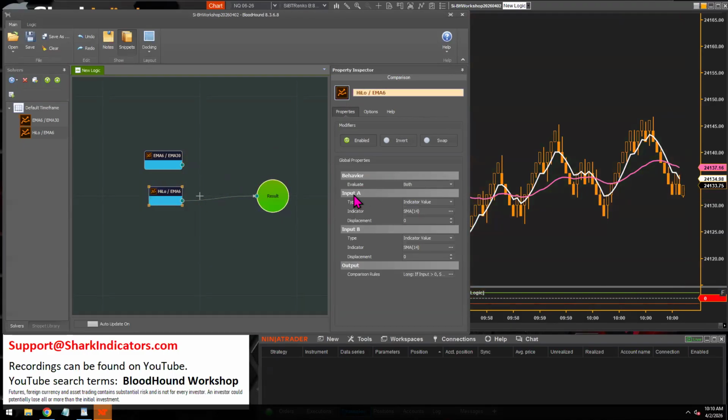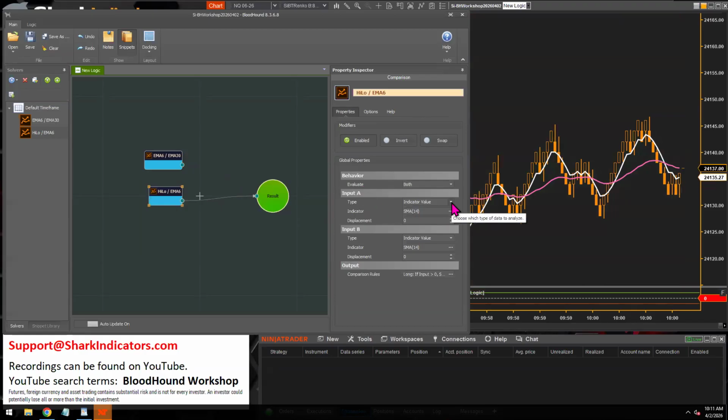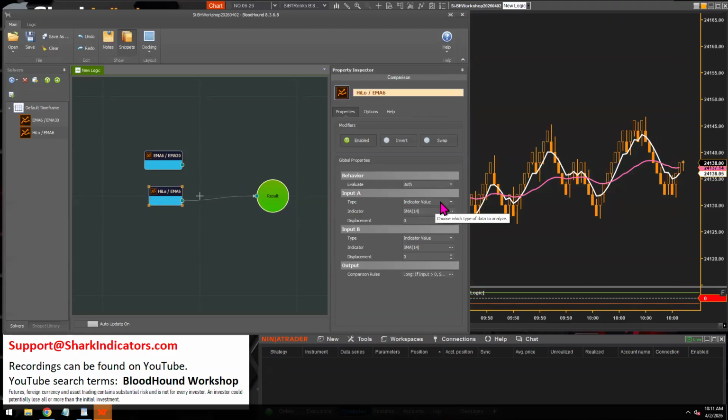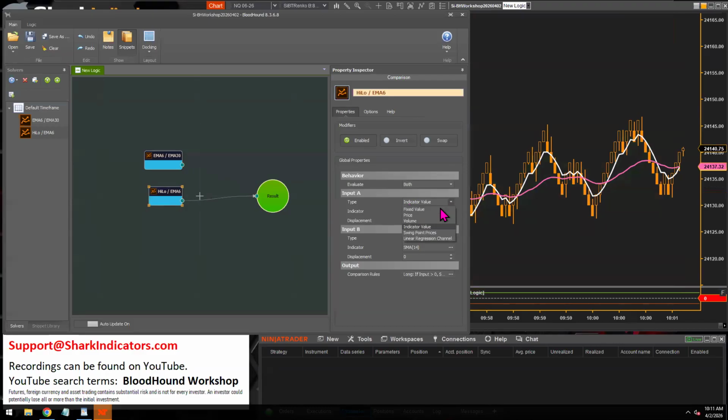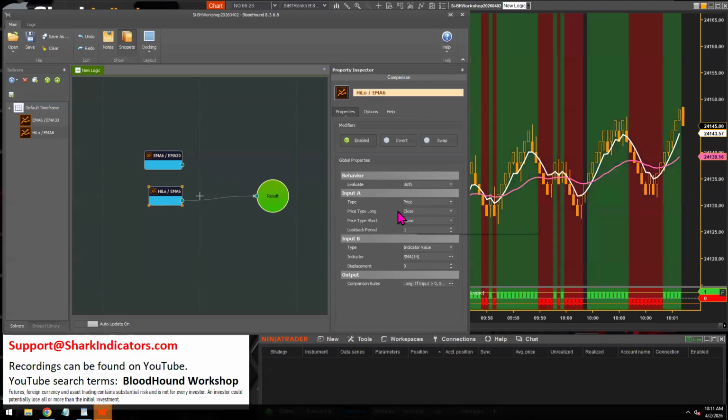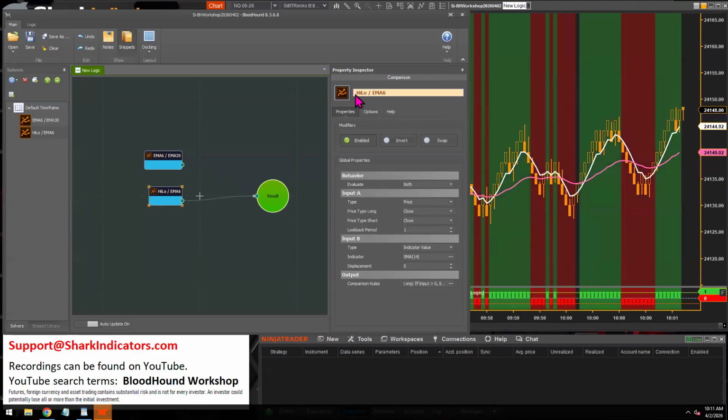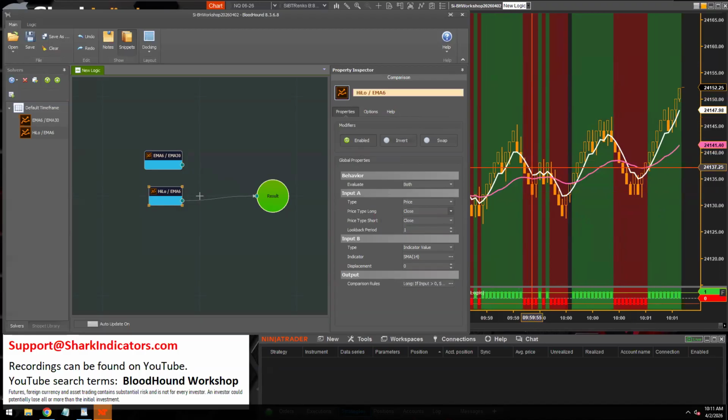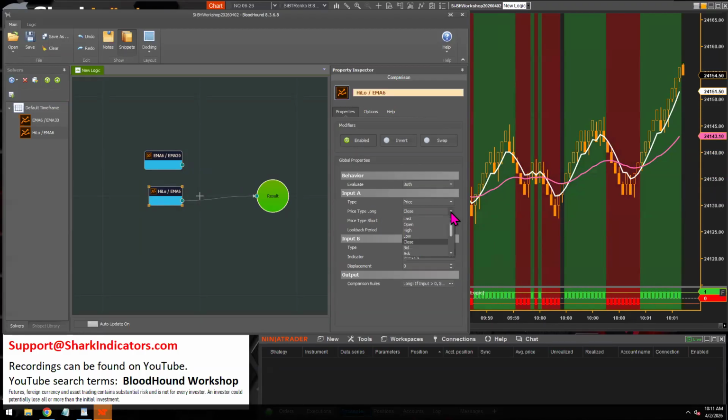All right, this time input A is going to be price. So let's change the input type to price. As we already figured out with the name, for a long trade, we need the Renko bar to be below the EMA, and it's going to be the high price below the EMA.